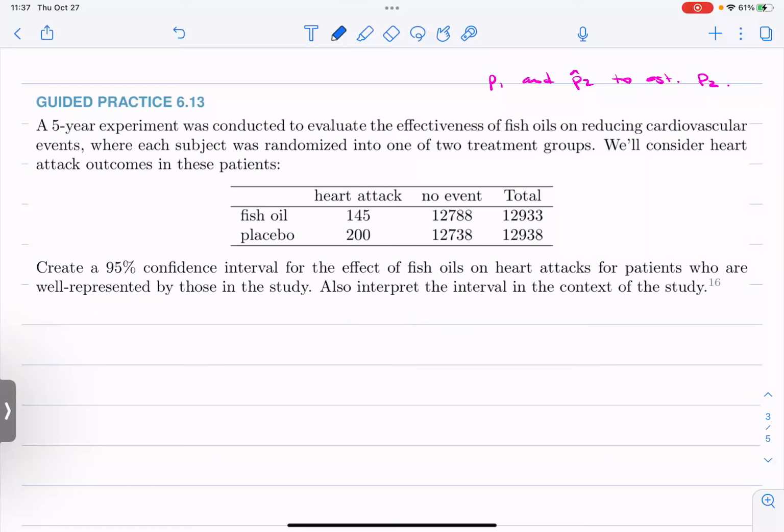Okay. So let's just talk about, so here, either they got the fish oil or placebo. So here are the treatments, I guess plural. And then we either observed a heart attack or we didn't. So those are the outcomes.